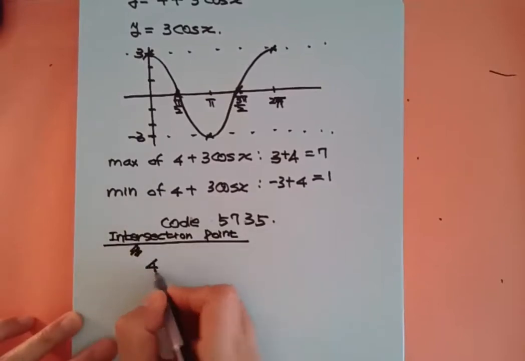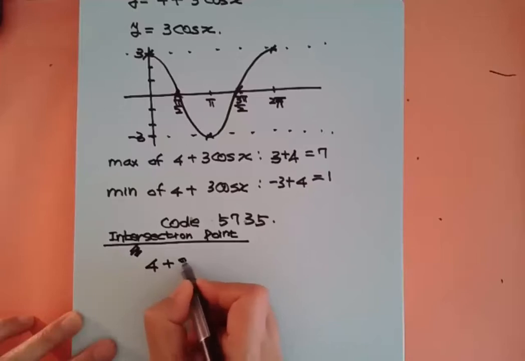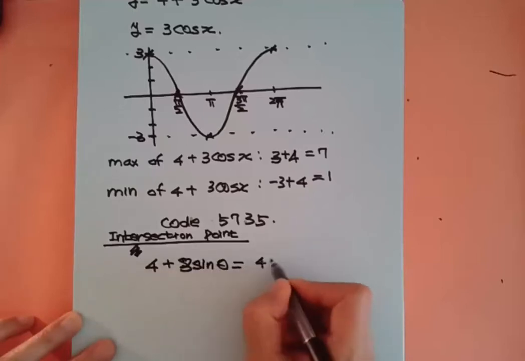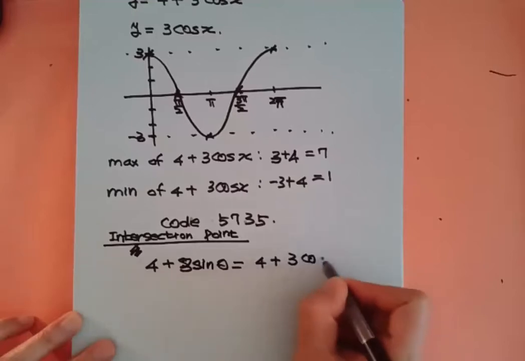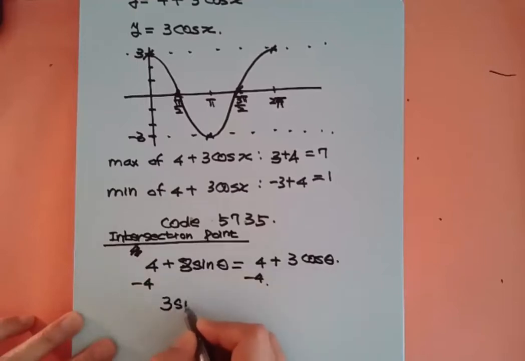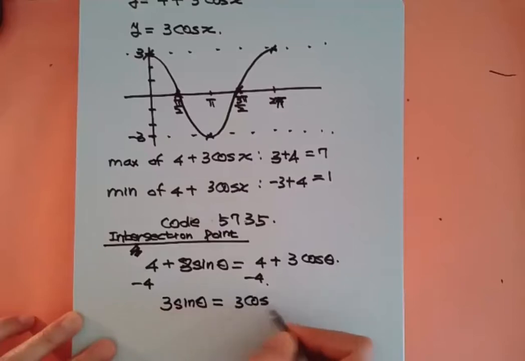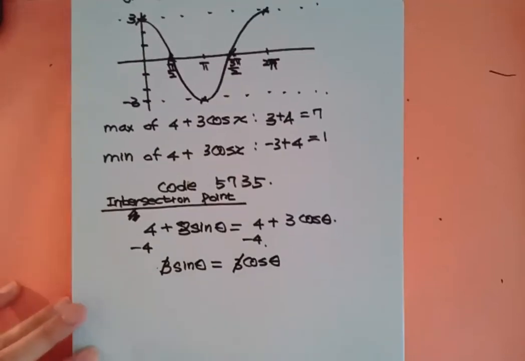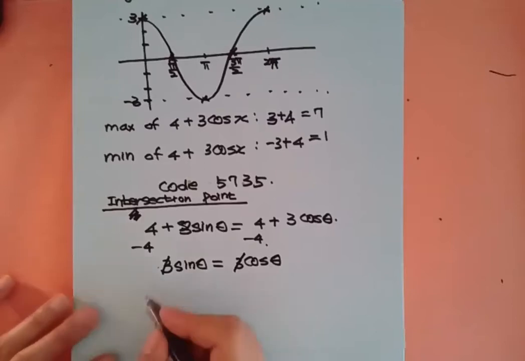So 4 plus 3 sine of theta equals 4 plus 3 cosine of theta. We subtract 4 on both sides, and that becomes 3 sine of theta equals 3 cosine of theta. Then we divide by 3 on both sides, so sine theta equals cosine theta.